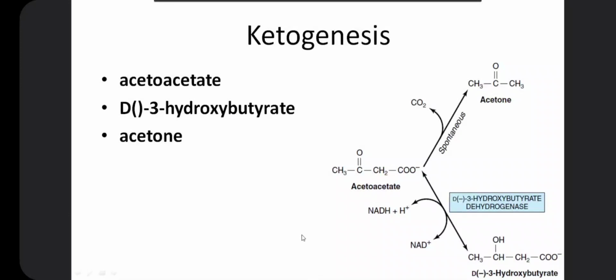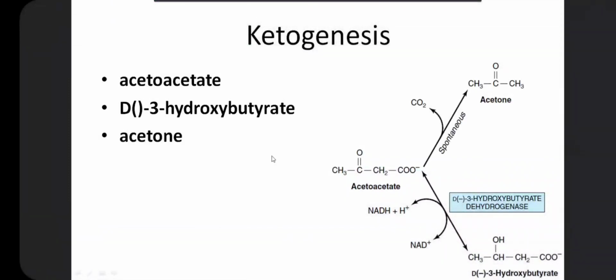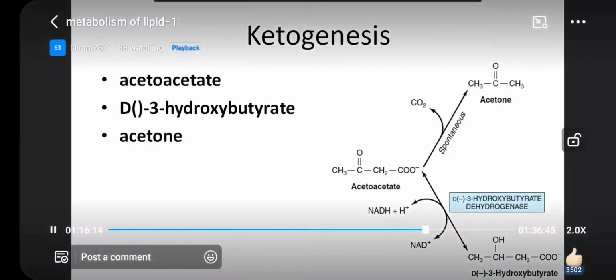So here you should remember the liver produces ketone bodies, but cannot use them itself as metabolic fuels. That means the ketone bodies are produced in the liver, but the liver cannot use them itself as a metabolic fuel.